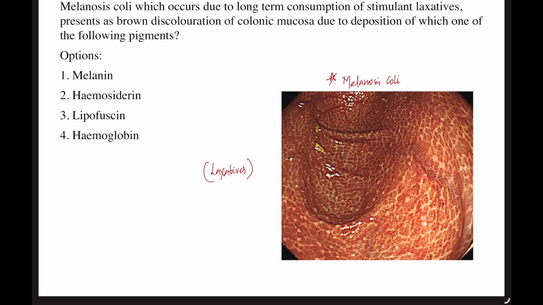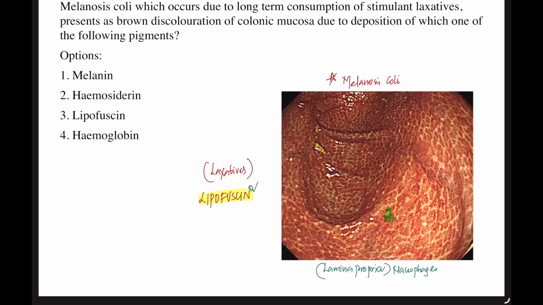There will be accumulation of a pigment known as lipofuscin in the colon, to be more specific, in the lamina propria of the intestine. Within the macrophages, you will see accumulation of the lipofuscin.